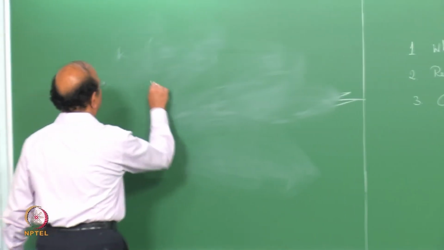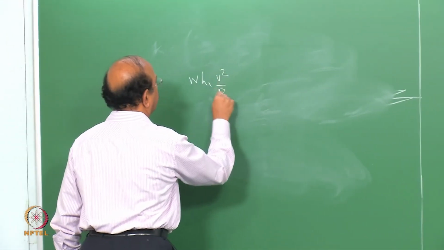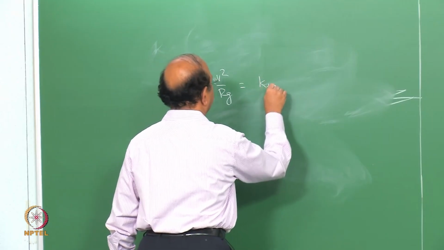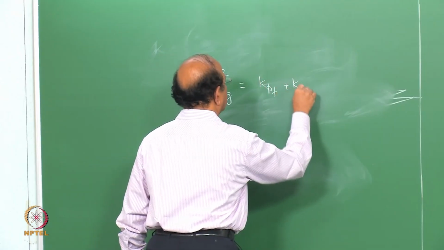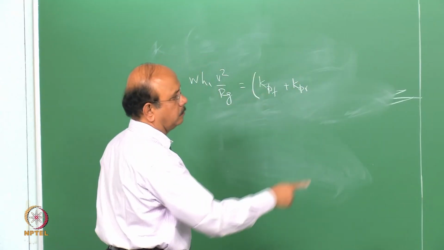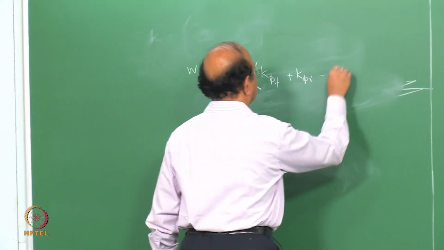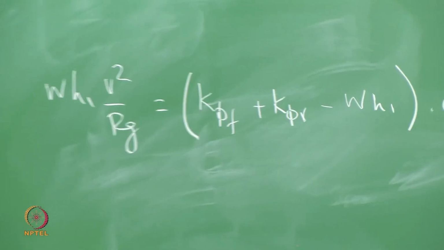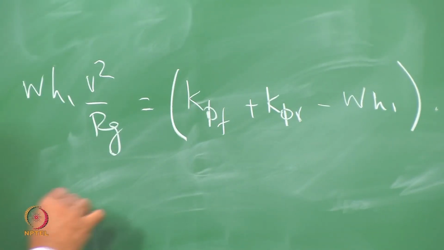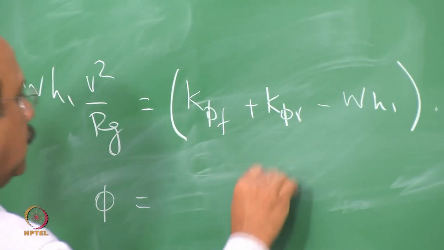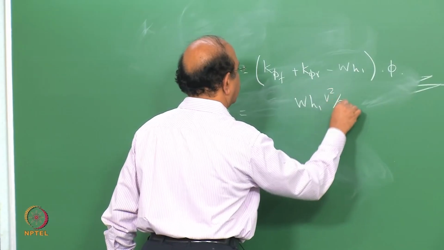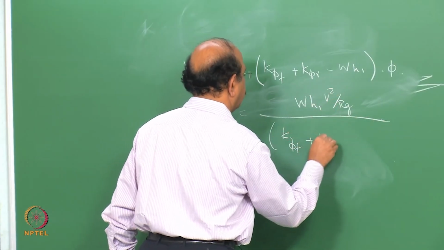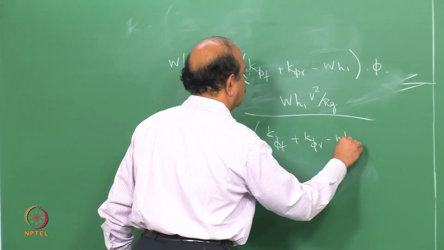I'll say WH1 into V squared by RG is equal to K phi front plus K phi rear minus WH1 into phi, so that phi is equal to WH1 V squared by RG divided by K phi F plus K phi R minus WH1.